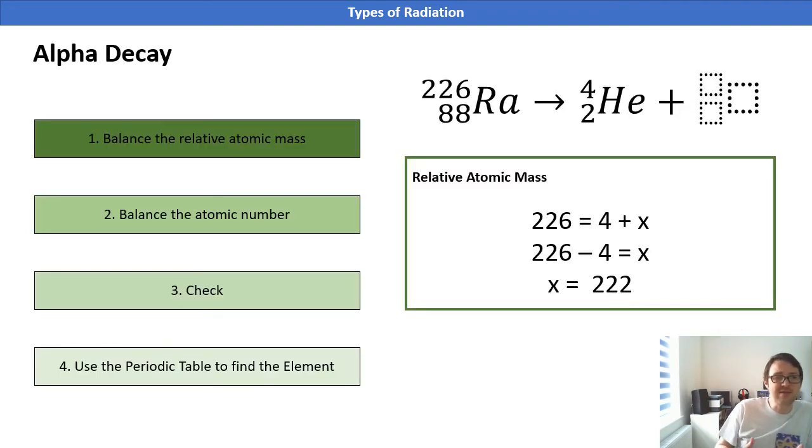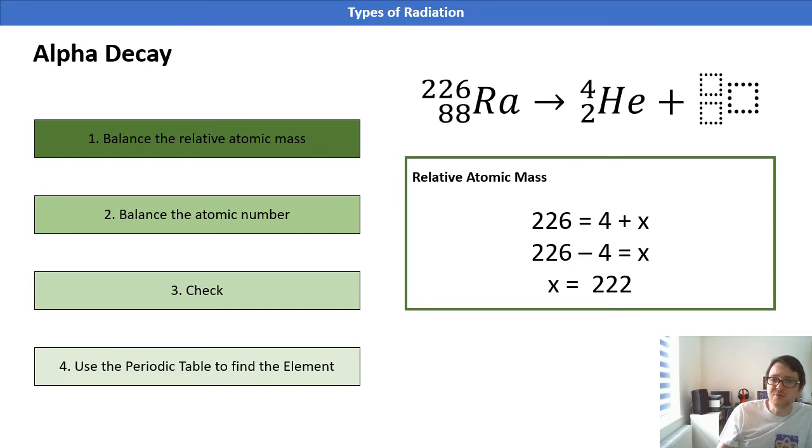Okay, what we want to talk about here is how the nucleus changes and how we can do these radiation decay equations. They look really complex, but hopefully you'll see by the end that it is just balancing 2 very simple equations.